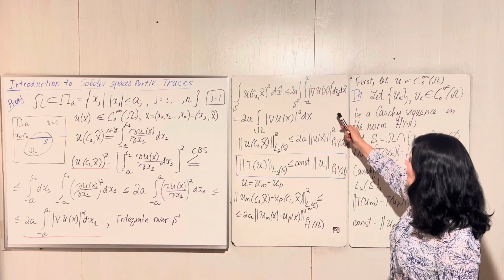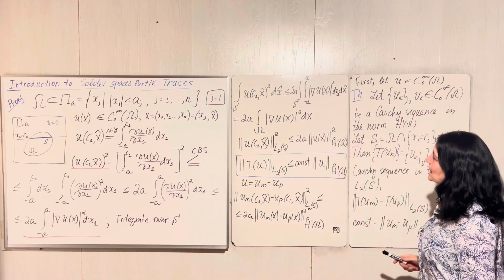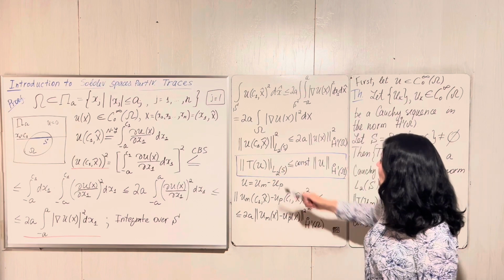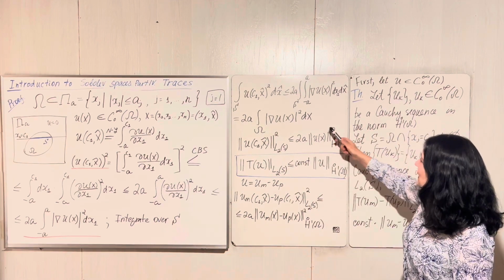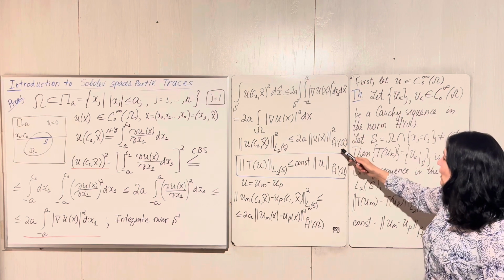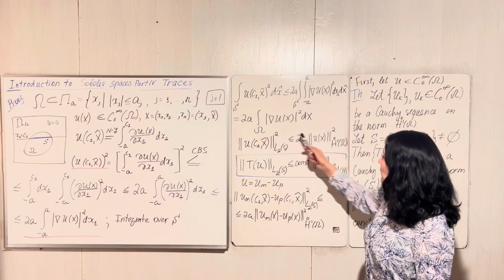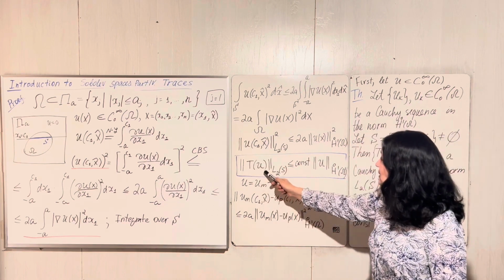And then if we look now at this inequality, in the left hand side we have the squared norm in L2 of function u, and in the right hand side it will be the squared H1 0 norm. So we have this inequality. Here I just wrote it using different notations.